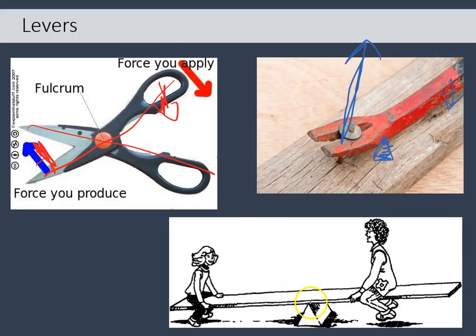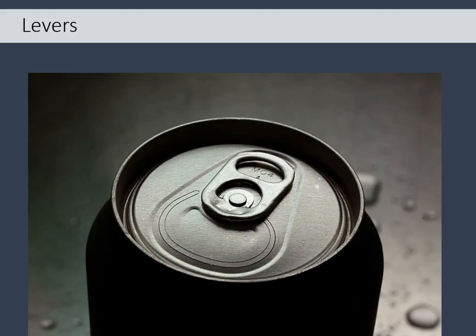A seesaw has a pivot point. That's the fulcrum. And who's to say which is the input and output, but there is a down force here and an up force coming out here. Okay, believe it or not, the tab on a soda can is a machine.